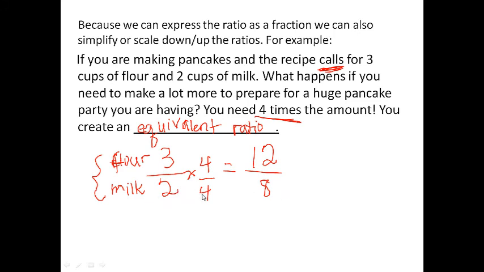This is definitely a real world example, because if you're cooking or making something, they give you a suggested amount, but sometimes the family might be large, or maybe someone's not there that night, and so you need to scale up or scale down according to your needs. Okay, so this is an example of scaling it up to create an equivalent ratio to adjust to the needs that we had.